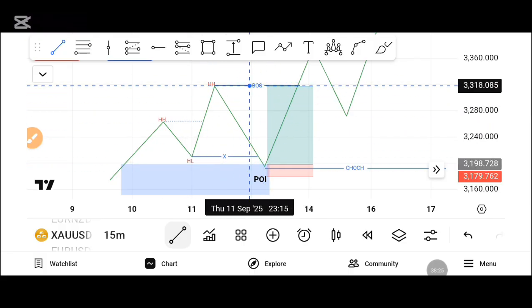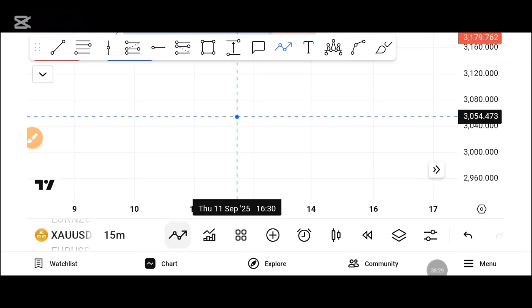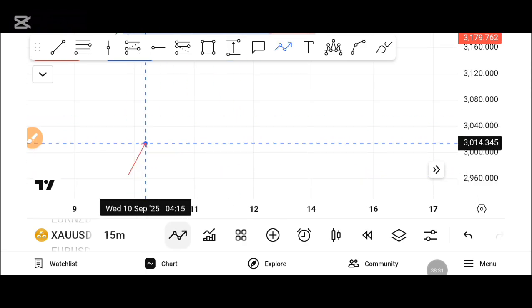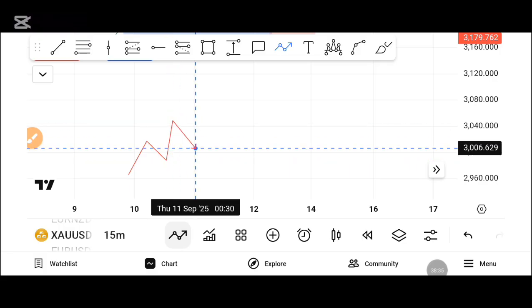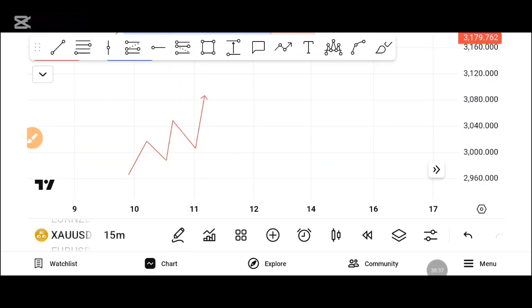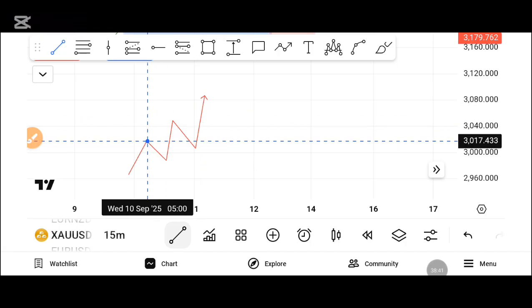So if we are having a market like this, we haven't gotten a break of structure. This is not a break of structure, this is a break of high.